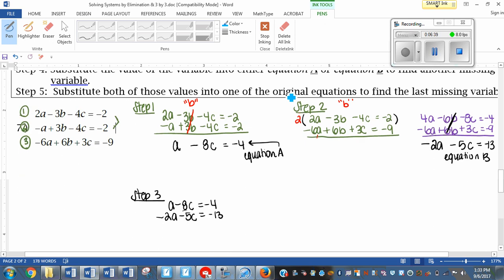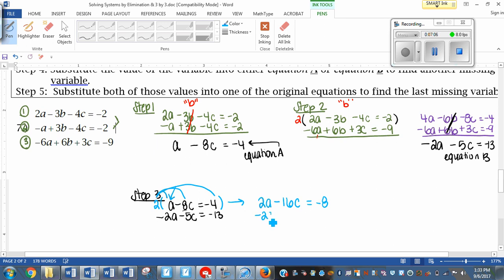So I think in this one, A would be easiest to eliminate because I already have a negative 2a. Our goal here would just be to turn this into a positive 2a in the first equation. So in order to do that, I'm going to distribute a 2, making this 2a minus 16c, and again, make sure even on the other side of the equal sign, we're multiplying that by 2 as well.